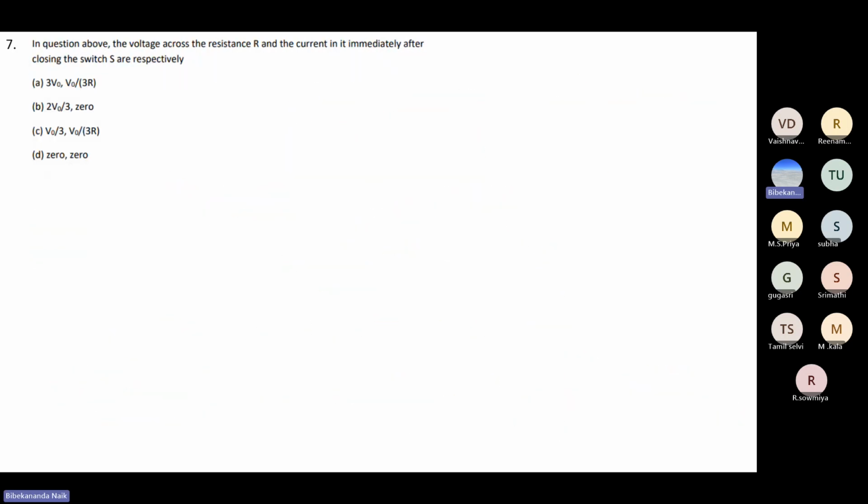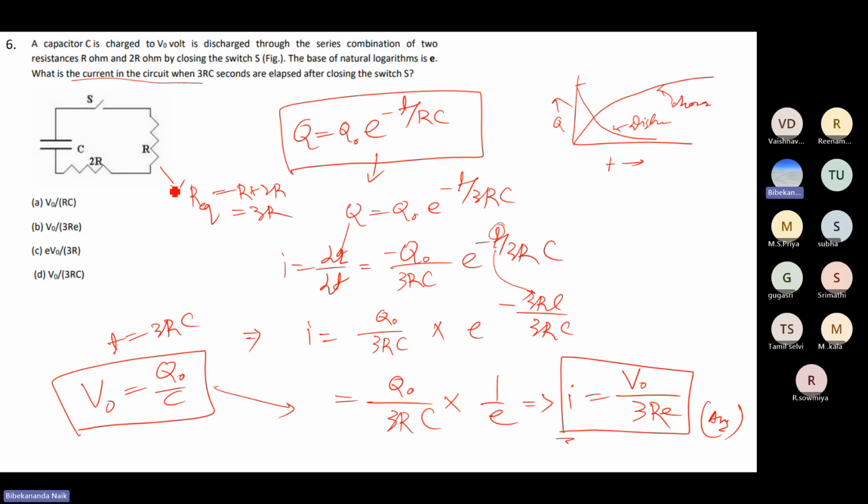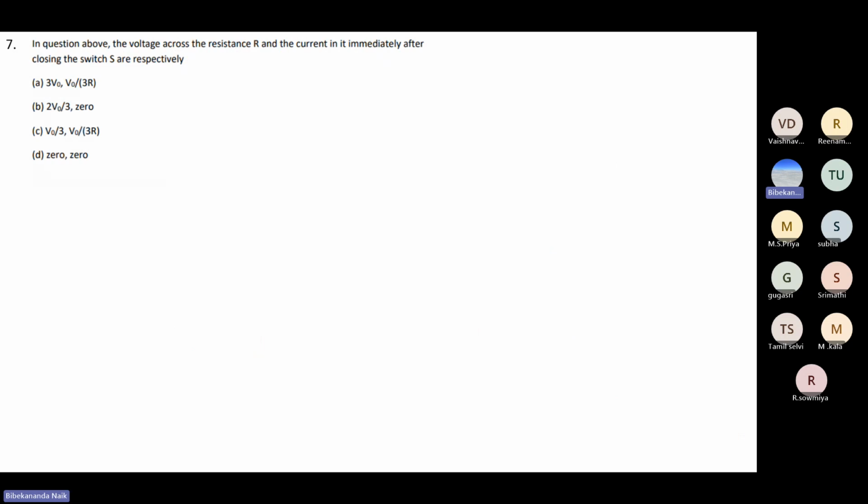What is the voltage across this resistance R, and what is the current in it, immediately after the closing of the switch S?